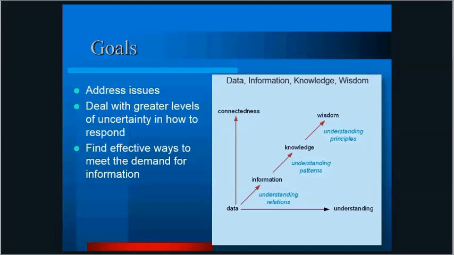But data alone really didn't answer the questions that the police department and the community needed. The community needed to know what is the most effective enforcement plan around this. So they needed wisdom from the data in order to make decisions about how to get rid of the problem.